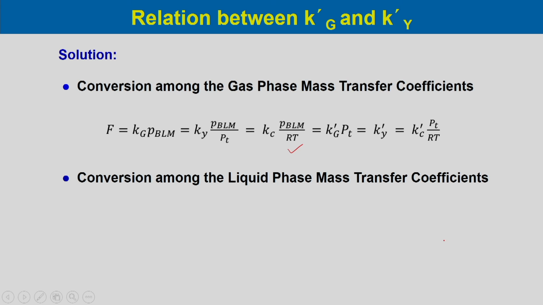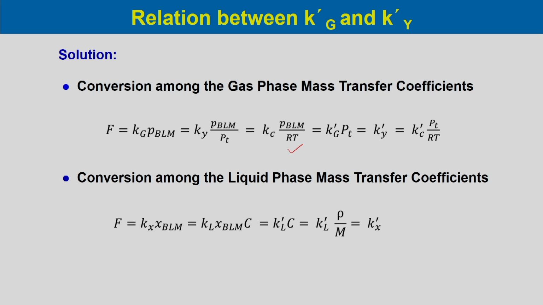Now, conversion among the liquid phase mass transfer coefficients, we can write F is equal to Kx xBLM, which would be equal to KL xBLM into C, which is equal to KL dash C, which would be equal to KL dash rho by M, which is equal to Kx dash. So, this is in case of the liquid phase and this is in case of the gas phase.